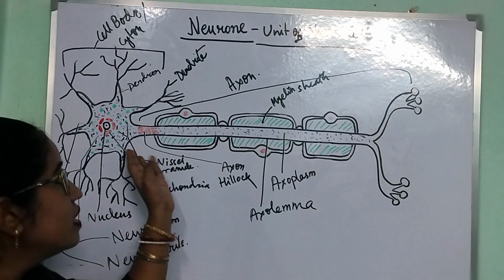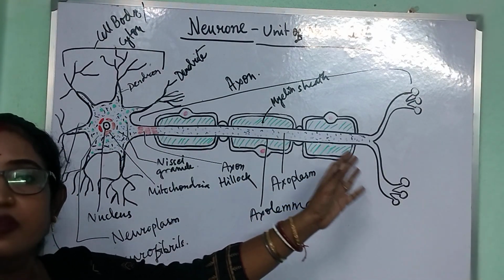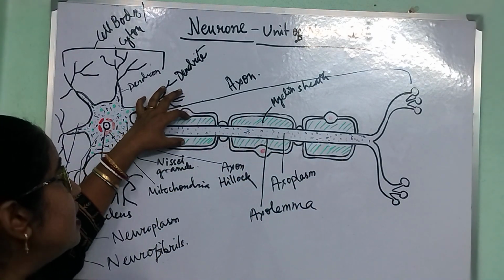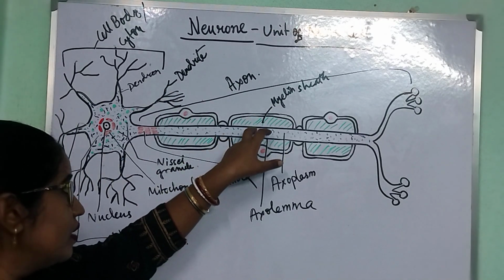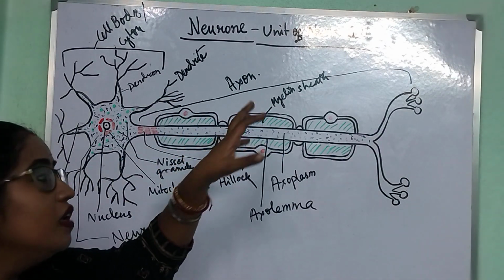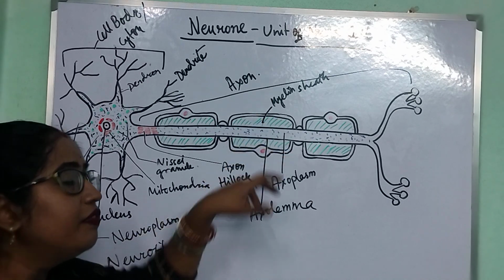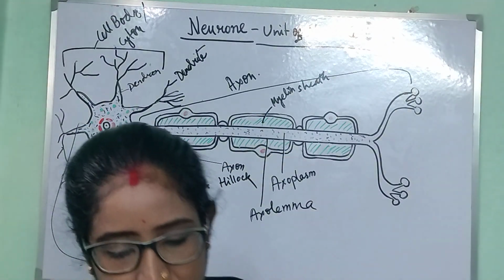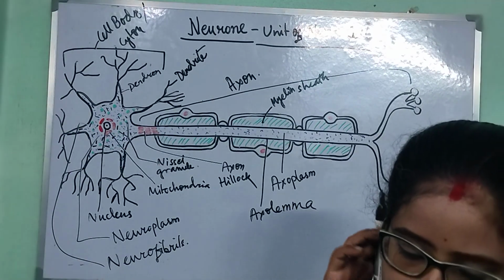This axon transmits the electrical impulse, and the myelin sheath, because it is made up of lipid, performs the insulation function.